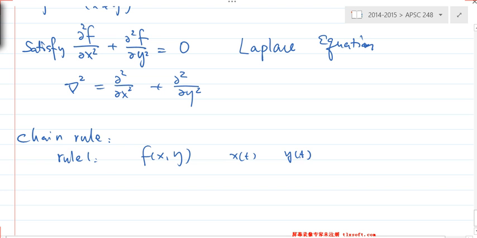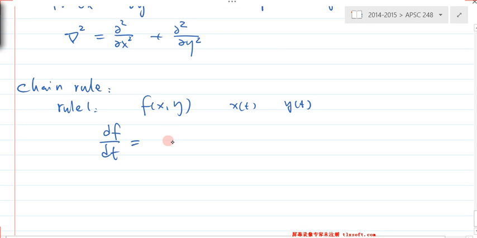So if you're looking for df over dt, how do we relate that to the partial derivatives? By the chain rule: partial f over partial x times dx over dt, plus partial f over partial y times dy over dt.